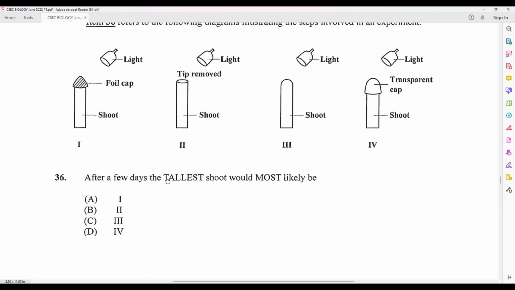After a few days, the tallest shoot would most likely be the one with the foil cap, because there is this hormone called auxin, which will cause elongation of cells and cause this to grow the tallest. The foil cap will act the same as if it is dark. So 36, the answer is A.